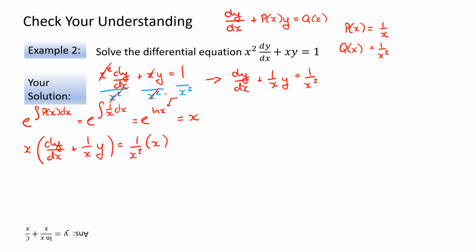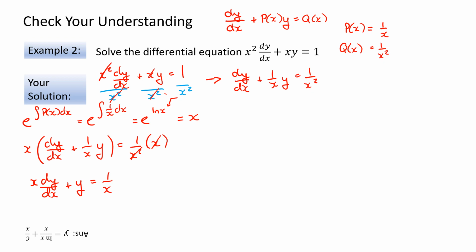On the left-hand side, the x and the 1 over x will cancel for the y term. So we're left with x dy by dx plus y is equal to just x and x squared cancel to 1 divided by x.